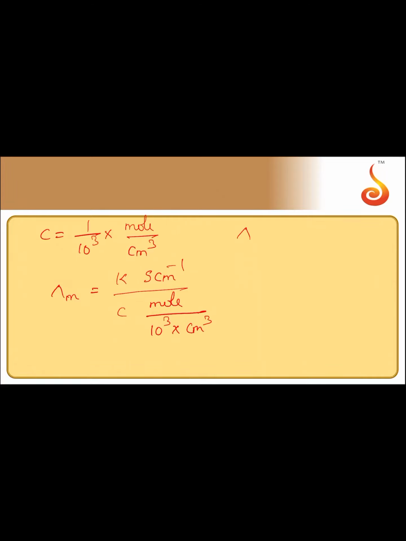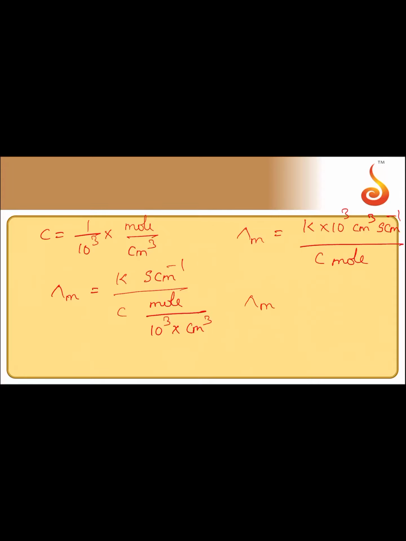You can consider this as lambda m is equal to K into 10 power 3 centimeter cube Siemens centimeter inverse by C mole.